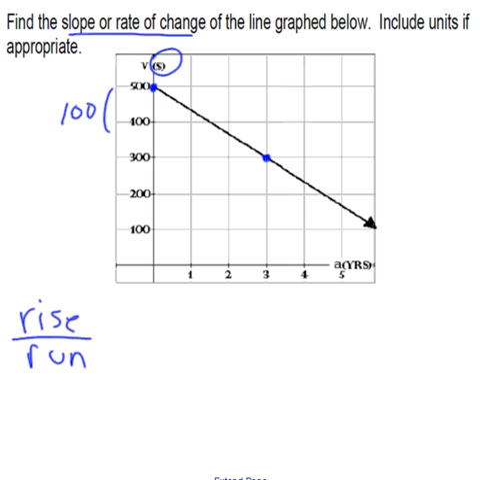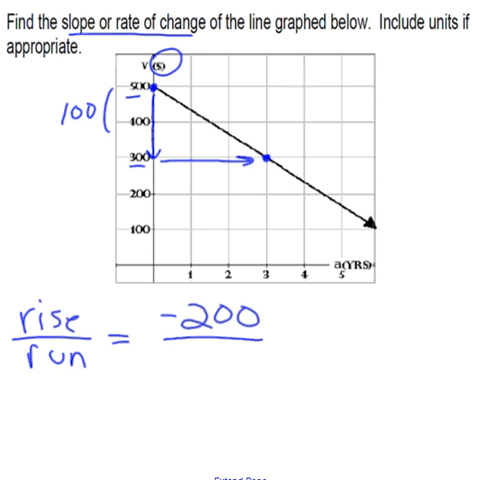So the rise in this case is really a decrease of 200. So I went from 500 to 300 to get from here over to here. So that decrease of 200 means a rise of negative 200. In other words, the vertical change is a negative 200.